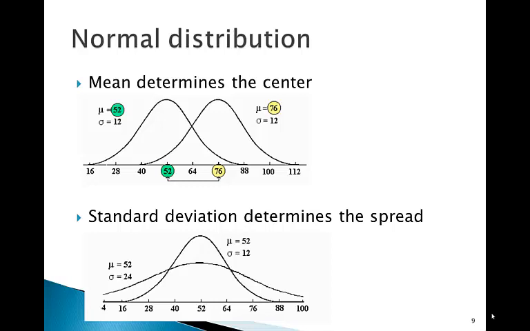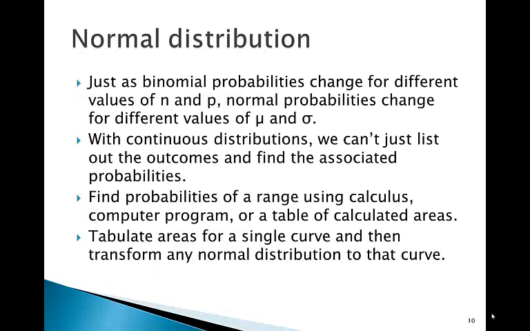The standard deviation tells us how spread out the distribution is. So a larger standard deviation would mean a flatter, more spread out distribution. A smaller standard deviation would mean a more peaked distribution. Just as probabilities associated with the binomial variable change for different values of n and p, probabilities from a normal distribution would change for different values of mu and sigma. So if the look of the distribution changes, then the probabilities change as well.